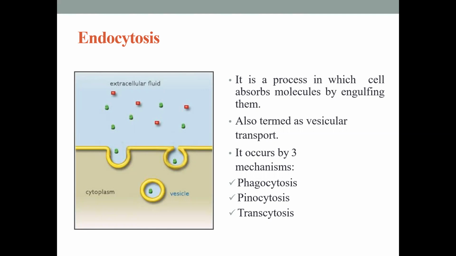This endocytosis is again divided into three main mechanisms, that is phagocytosis, pinocytosis, and transcytosis. See one by one what is meant by phagocytosis. Phagocytosis is called the cell eating mechanism, that is the uptake or engulfment of solid molecules.